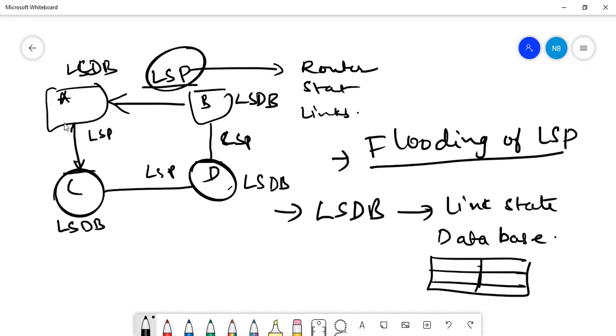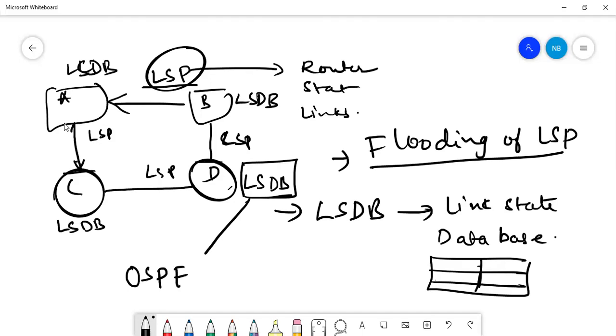Once a particular LSP has been received by every router, that information will be common to every router, and that is possible only if every router is following the OSPF protocol.